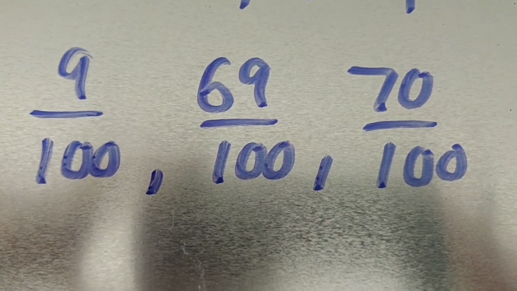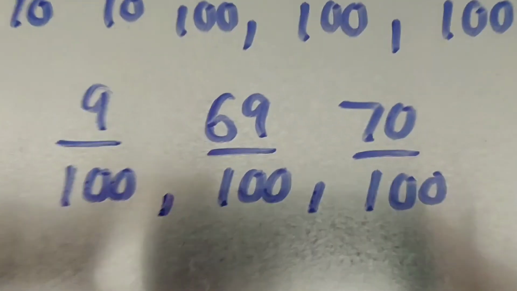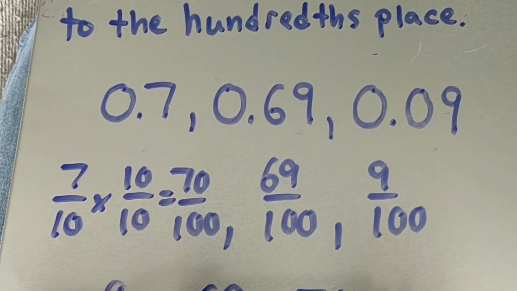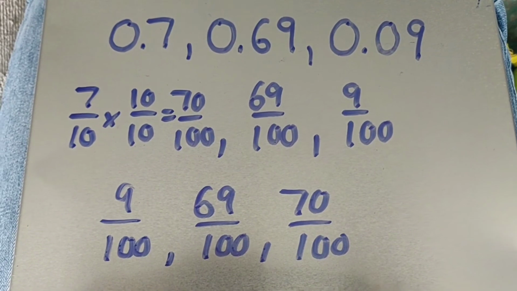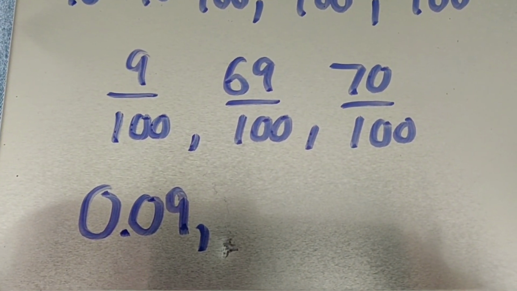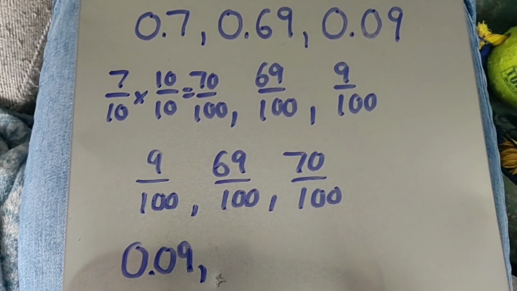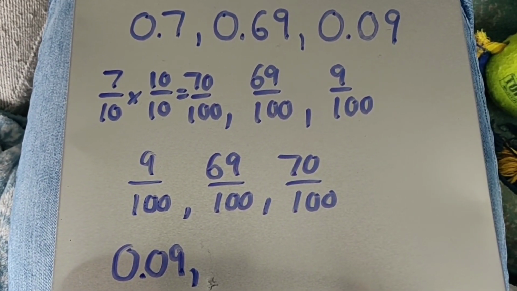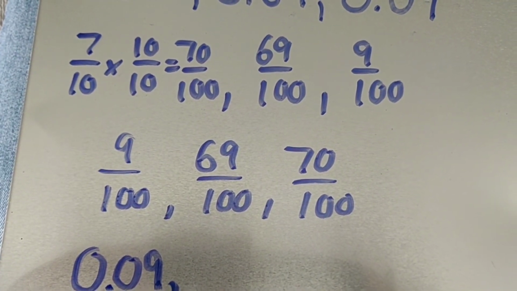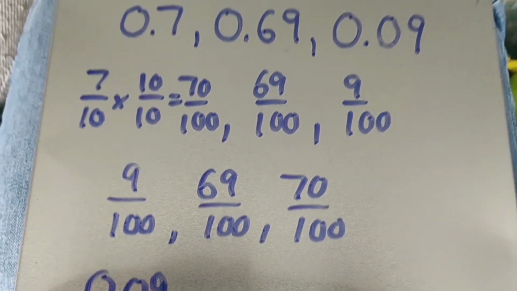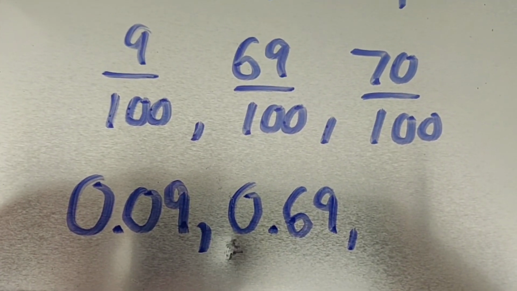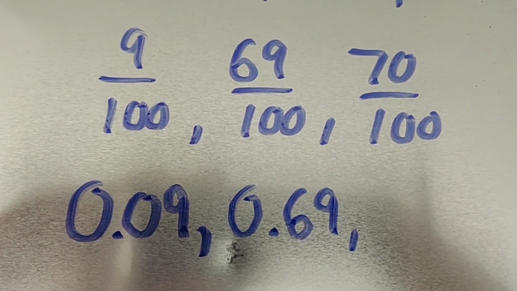But still, we have to go back and put those original decimals into the same order from least to greatest. So which decimal showed 9 hundredths? That's right, 0.09 showed 9 hundredths. Which decimal showed 69 hundredths? That's right, 0.69 showed 69 hundredths.